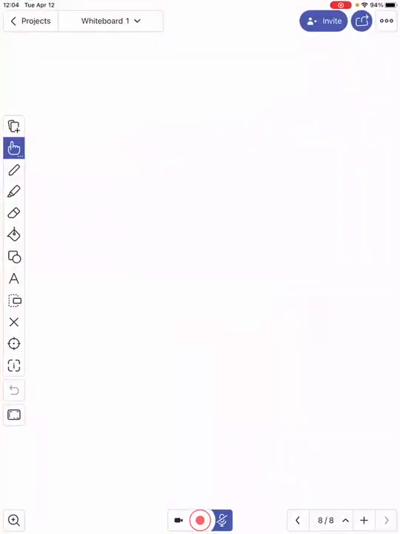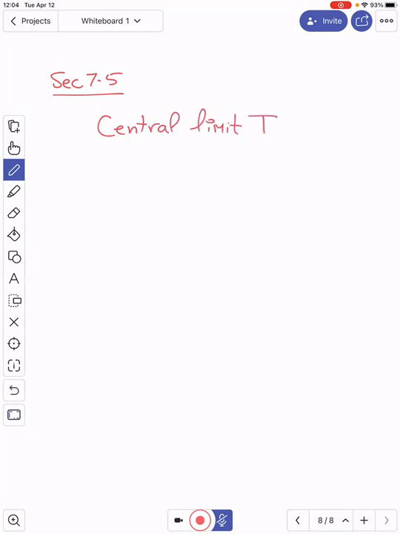All right, so this is section 7.5. We discussed the central limit theorem yesterday. We said there are two versions of this theorem.